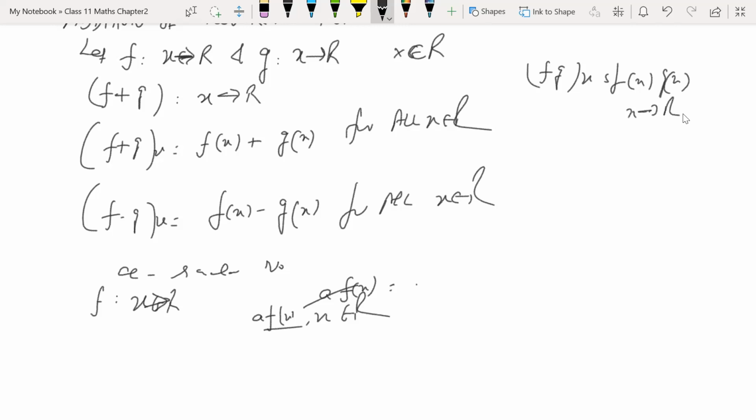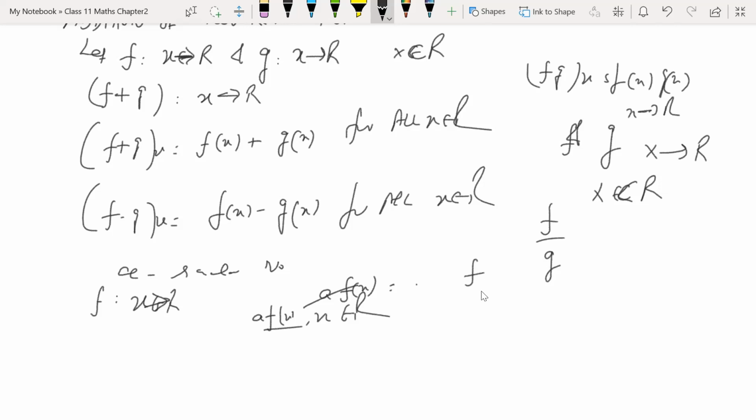Quotient of two real functions. Let f and g be two real functions from X to R, where X is a subset of R. The quotient of f by g is denoted by f divided by g.